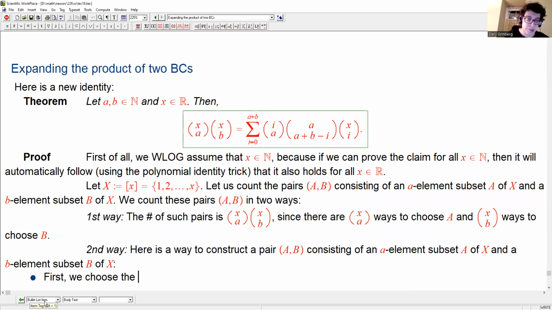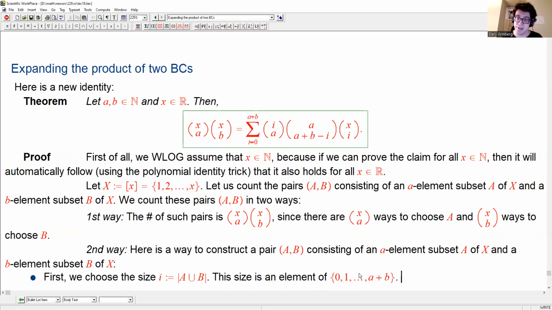First, we choose the size of their union. This size is an integer, so the size is an element of {0, 1, ..., a plus b}. I mean, actually, it is larger or equal to a or to b, but it doesn't matter.